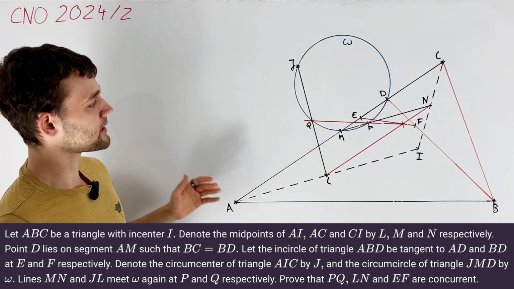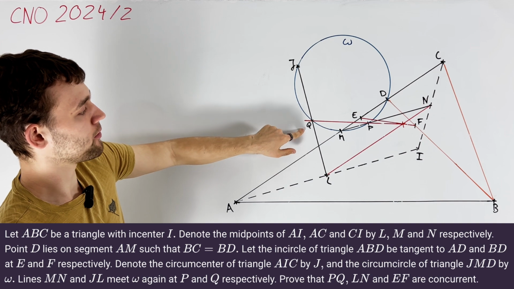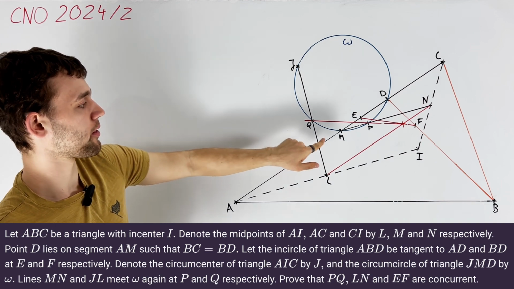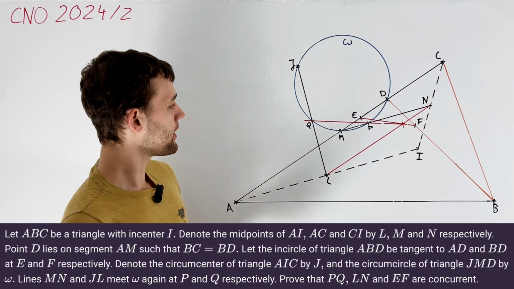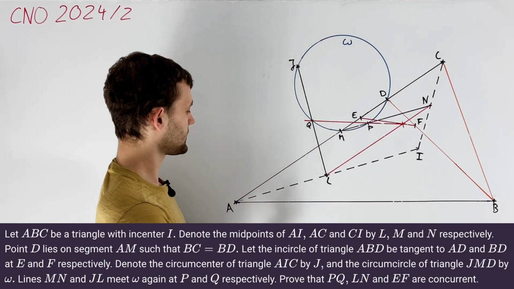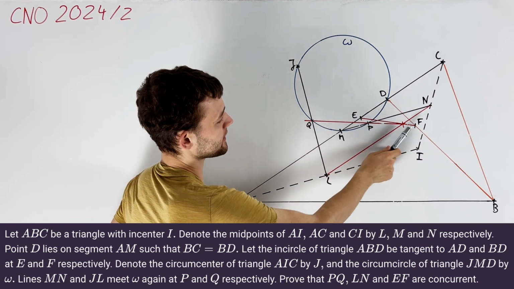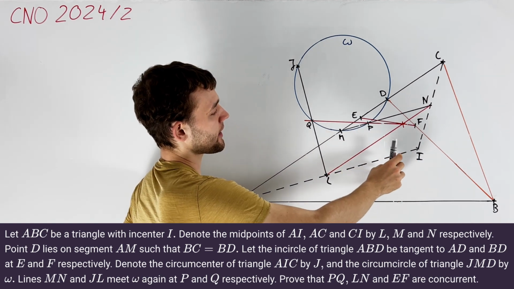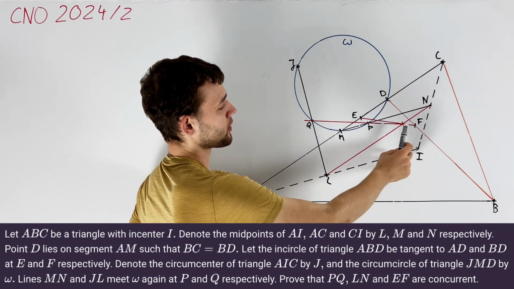Let us denote the second intersection of line JL with this circle omega by Q, and the second intersection of MN with omega P. Finally, the incircle of triangle DAB touches sides AD and BD at points E and F. We are asked to prove that lines EF, PQ and LN have a common point.